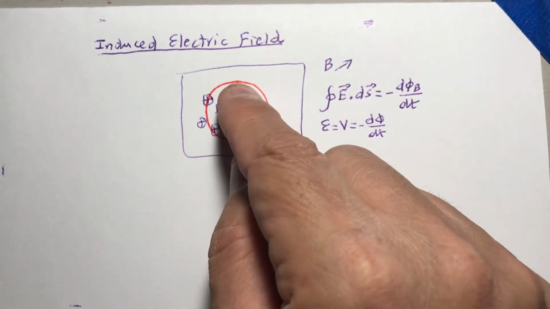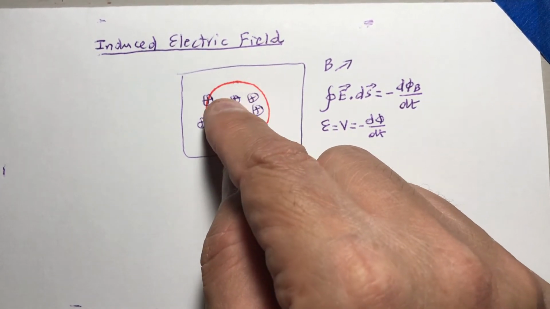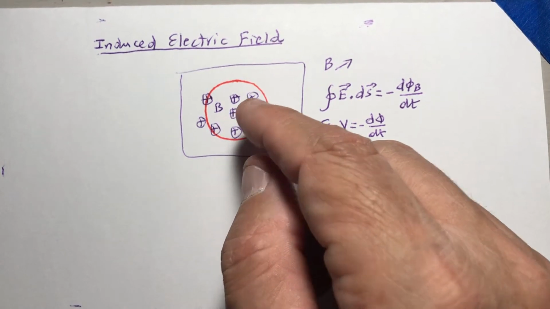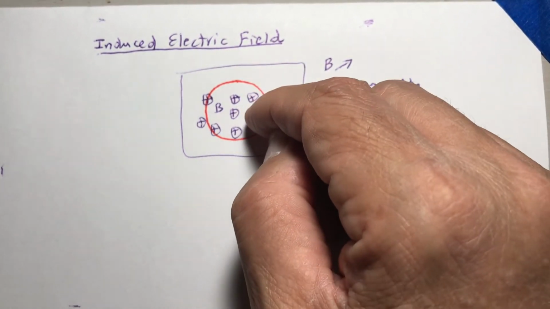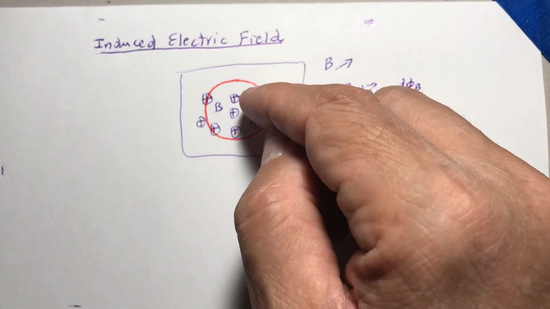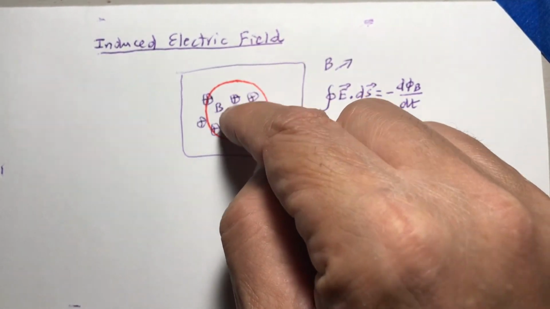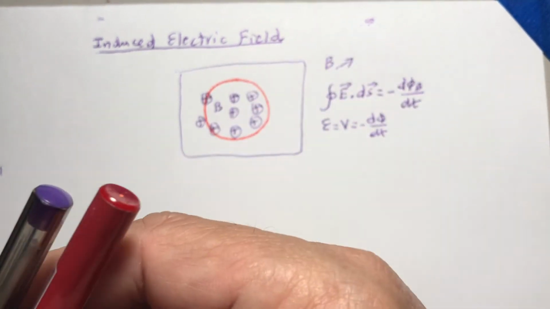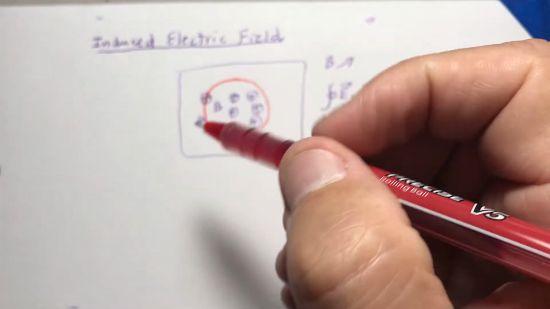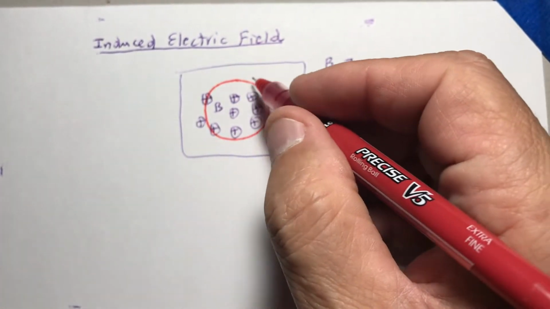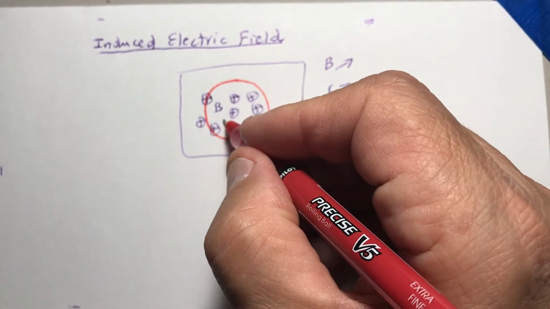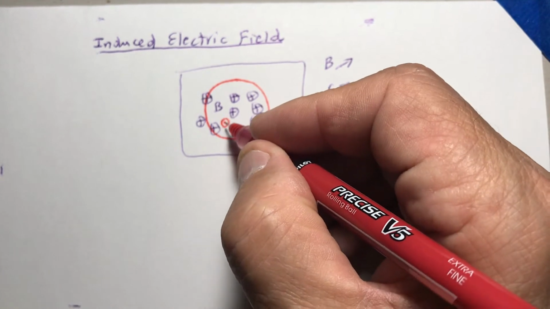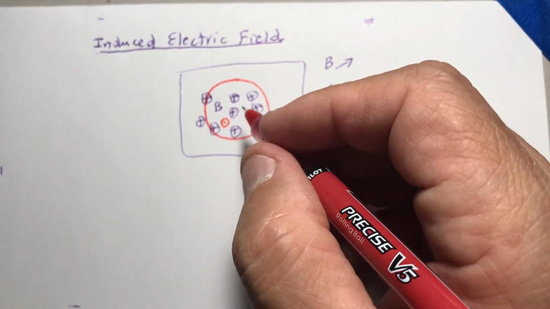If the magnetic field is increasing, due to Lenz's law, you're going to have a current that's going to generate a magnetic field that's going to oppose this magnetic field that's increasing. So we're going to have a magnetic field due to this loop here that's going to come out like that. This is the head of the arrow. The arrow is coming at us.